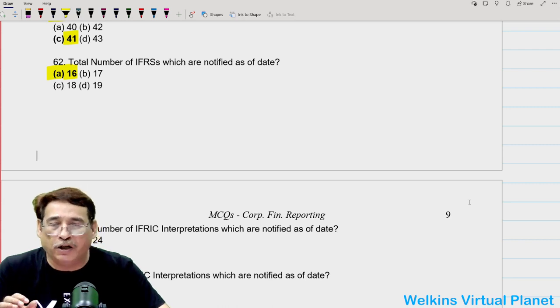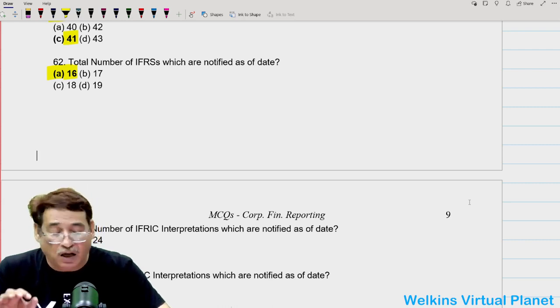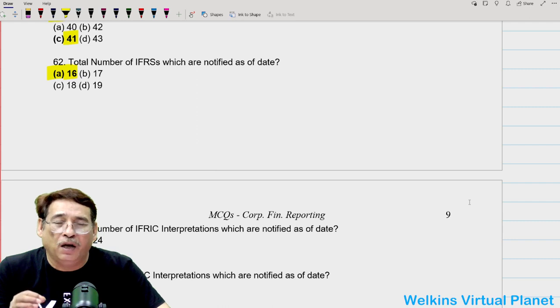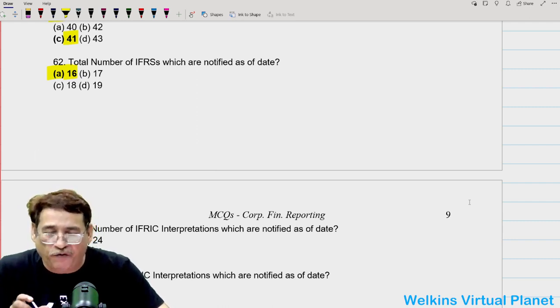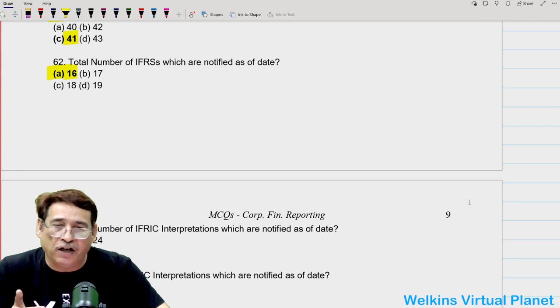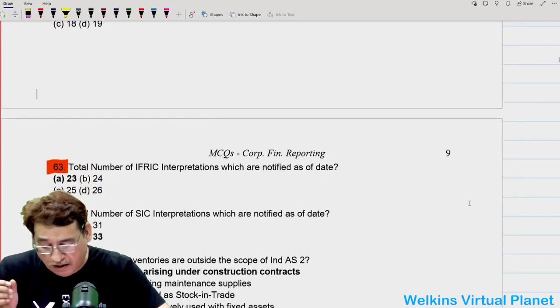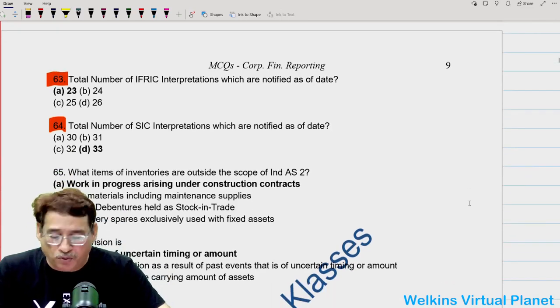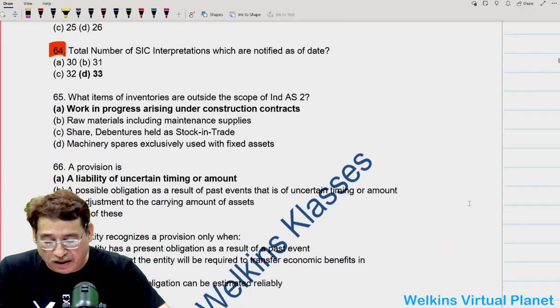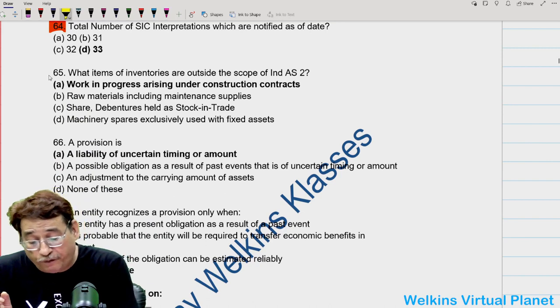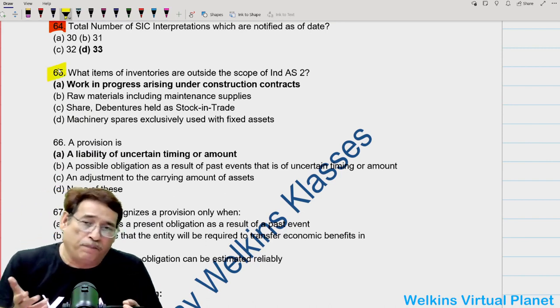Otherwise, up to this particular moment, 16 IFRS have been issued, and 16 is related to leases. IFRS 16 is related to leases, and its corresponding Ind-AS is 116. You need not do 63 or 64 because these are irrelevant questions from your perspective.